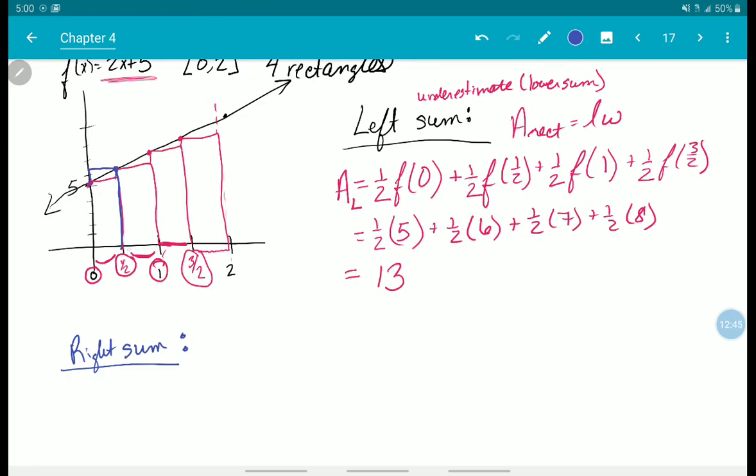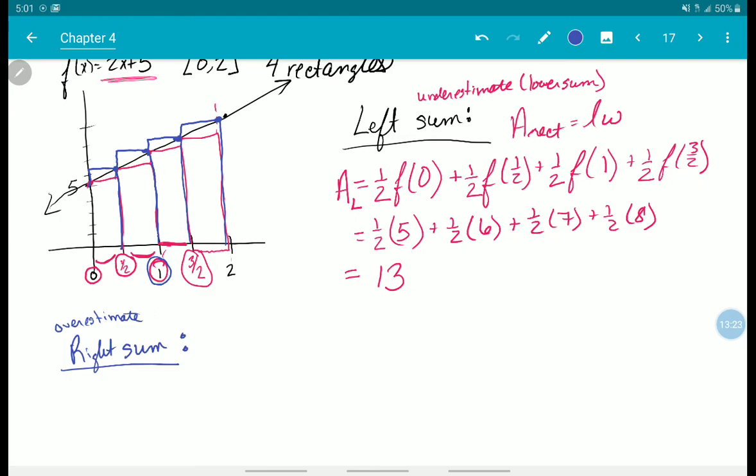That second rectangle is going to use the right side. So it's going to use that 1. It's going to go up to the graph. And then it's going to draw that. The third rectangle would go up to the graph, starting with x equals 3/2, and then draw. And then same thing here. We're going to go up to 2 and draw. So you can see how these rectangles are going to overestimate that actual area.